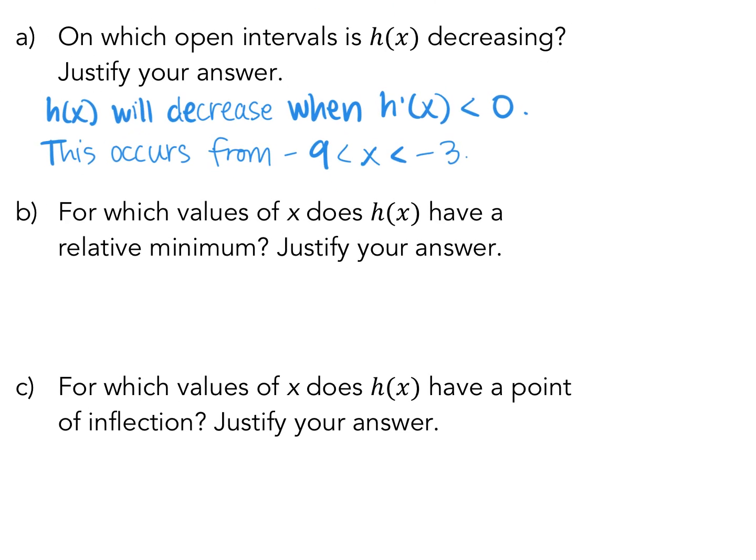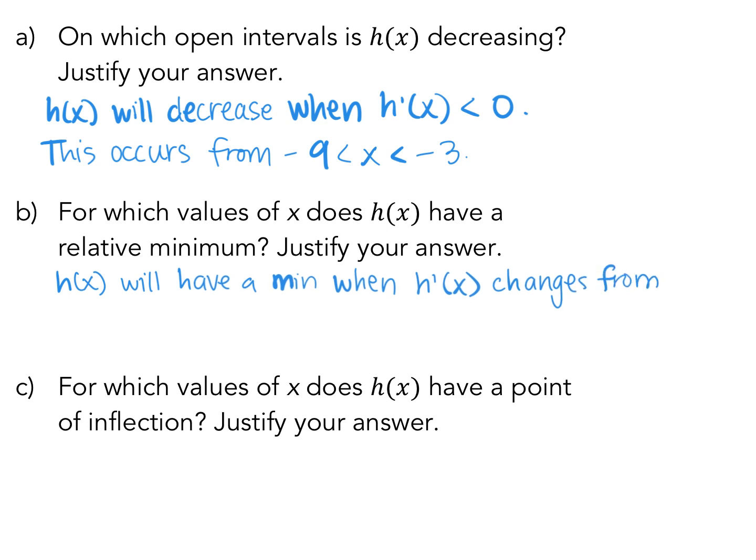I often do the same thing for the next one. For which values will I have a relative minimum? I answer the justify part first. H of x will have a minimum when h prime of x changes from negative to positive. And then I say, this occurs at, and then I look back at my graph and I figure out where that's happening.